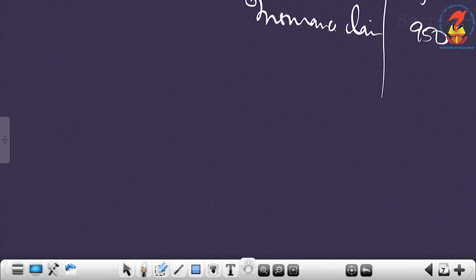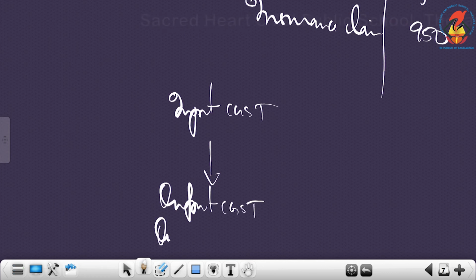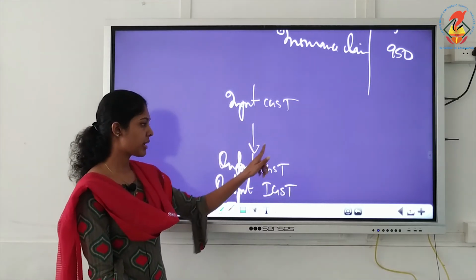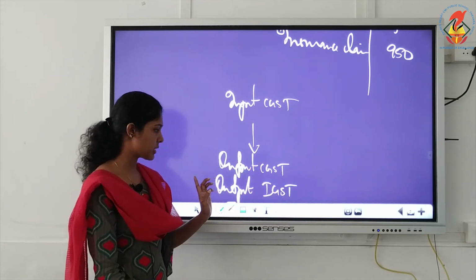Already we have discussed. We know that input GST must be set off against output GST, and there is an order of setting off, isn't it? That is, input CGST, first it should be met from output, same head CGST, output CGST.